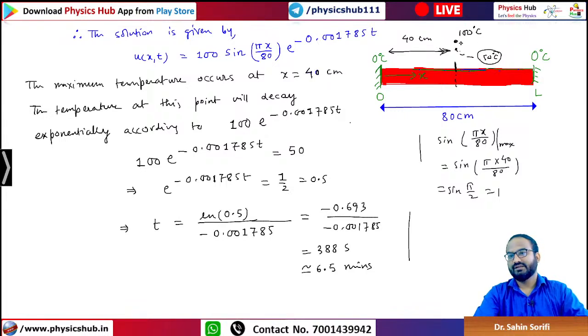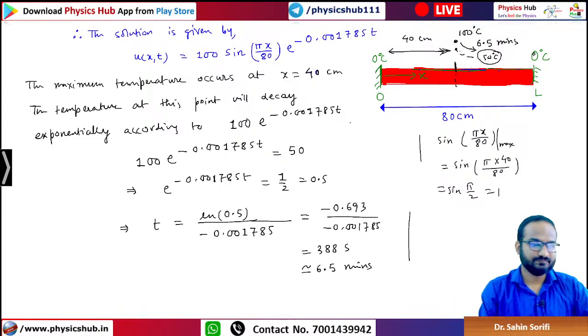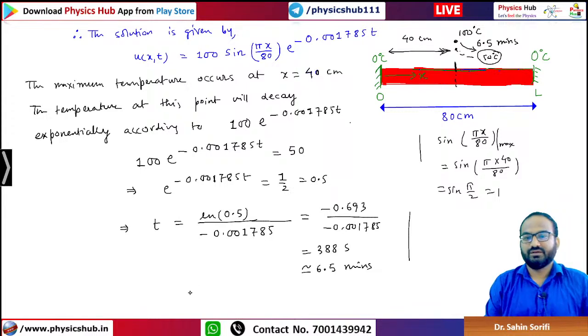So from 100 degrees centigrade to 50 degrees centigrade, the amount of time taken to cool down is approximately 6.5 minutes. This is the meaning. Understood?